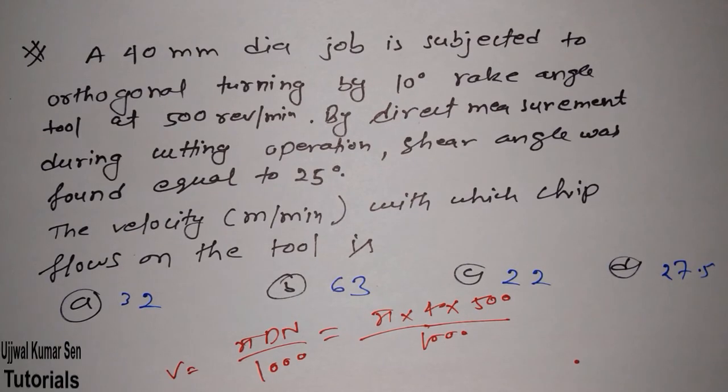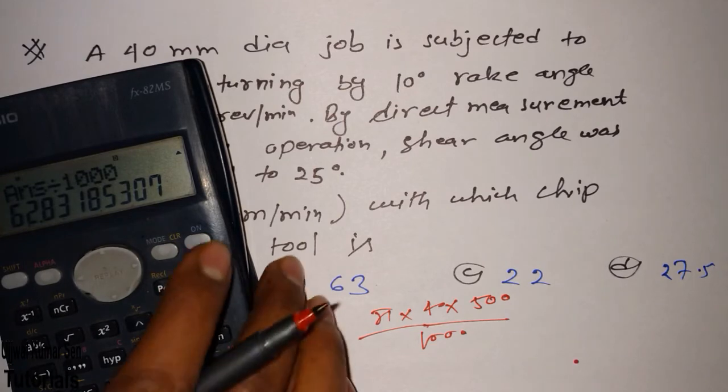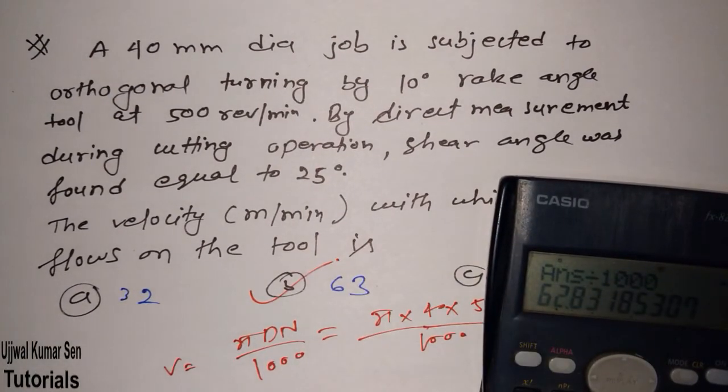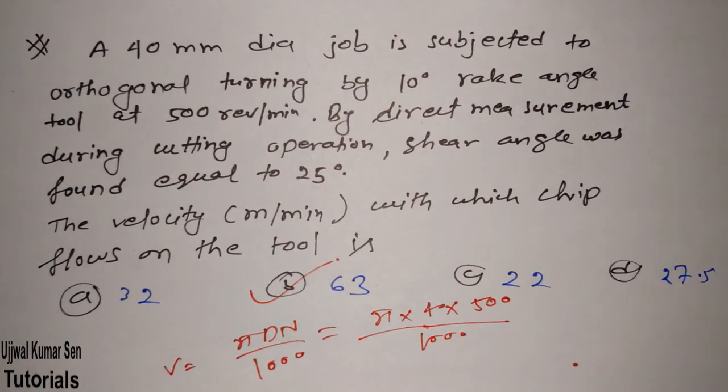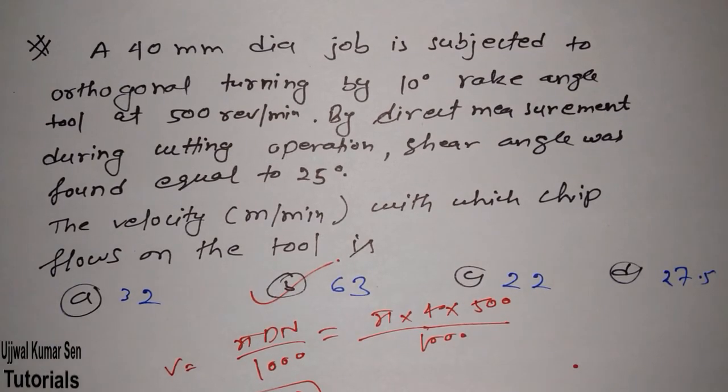Now what we are getting here, pi multiplied by 40 into 500 divided by 1000, that means 62.83. So B is the right answer for this question. Now the most important thing that I am going to share with you right now: we know that VC is equal to r into V, right?